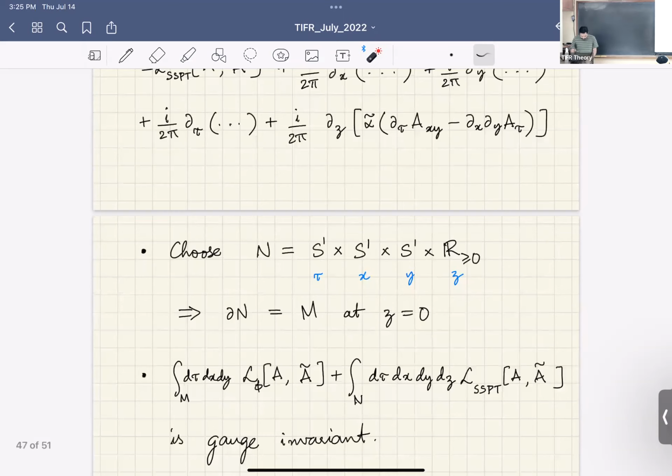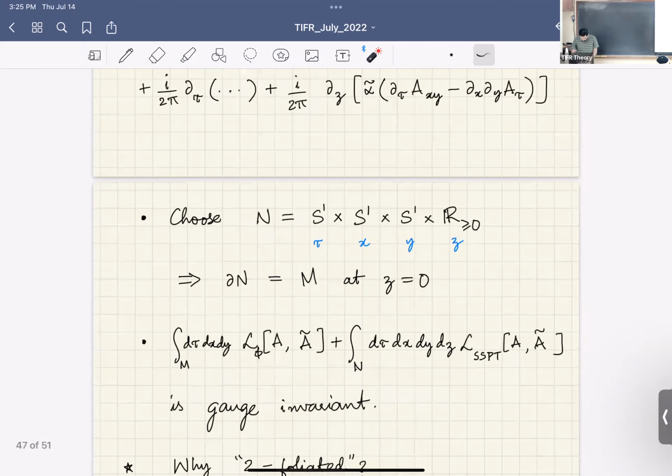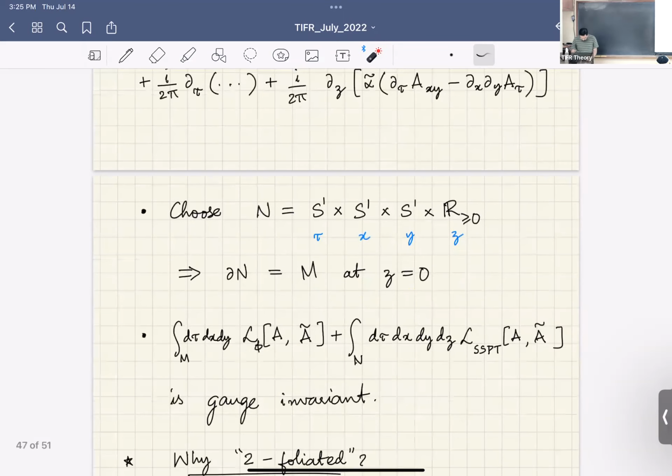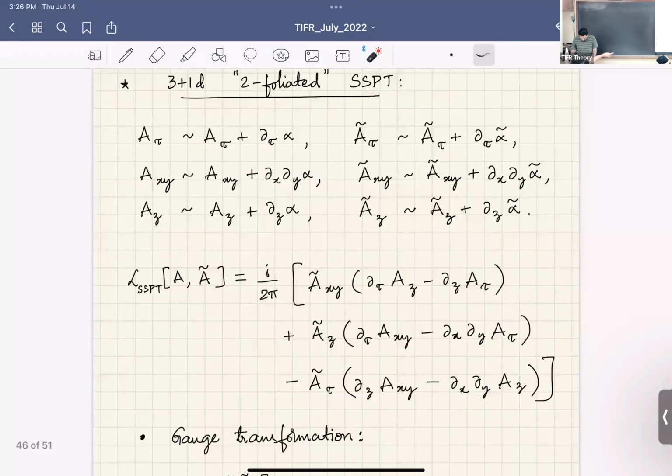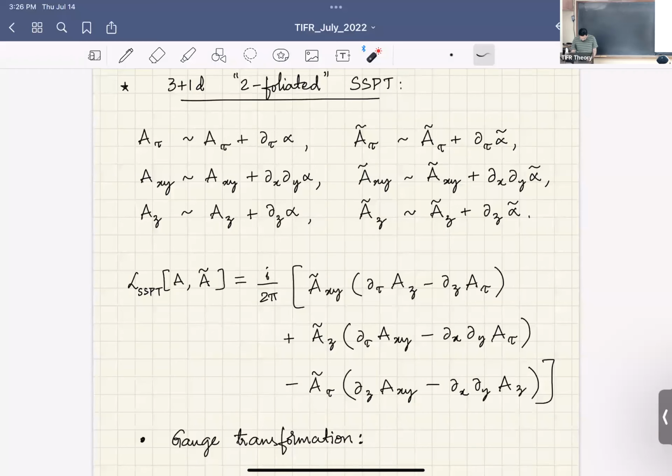And you had a minus sign with A tau. That was just because A z and A tau had a minus sign. That's right. Is that because time was timelike or some other reason? It's just to make it gauge invariant on a closed manifold.